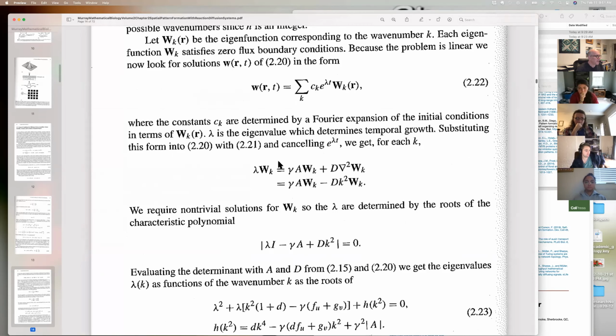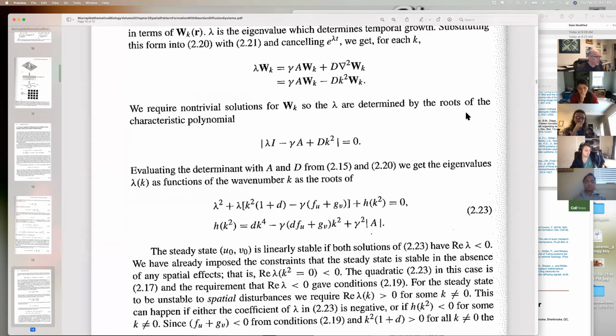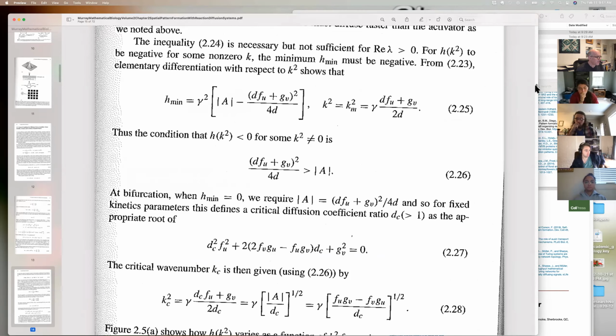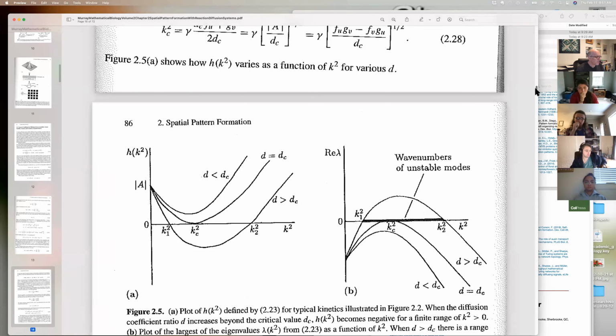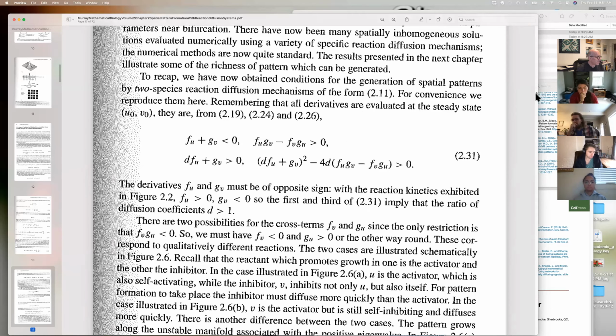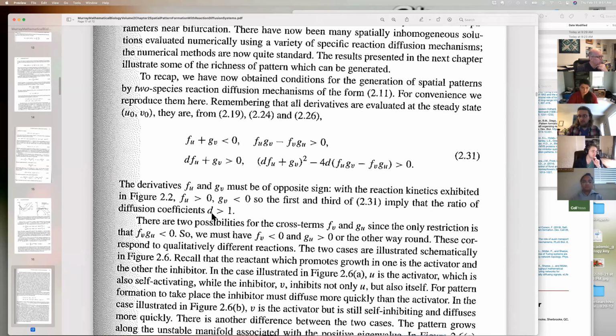You keep going through your analysis and eventually he's deciding that this ratio of diffusion coefficients has to be bigger than 1. He's basically saying this can only happen if the inhibitor is diffusing faster than the activator.